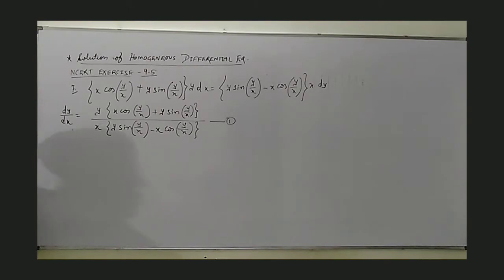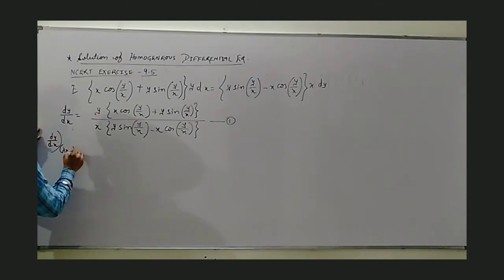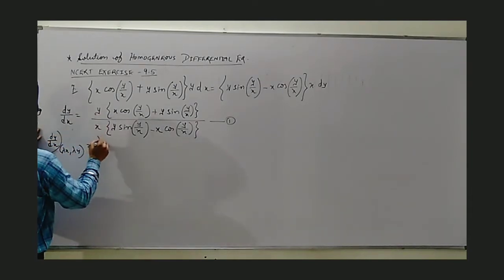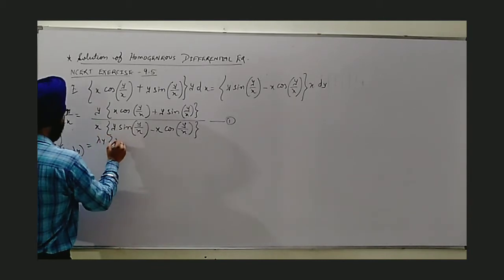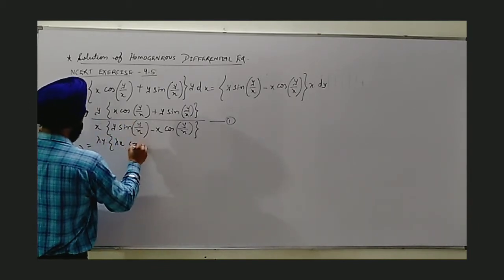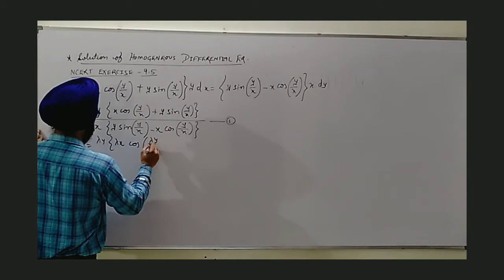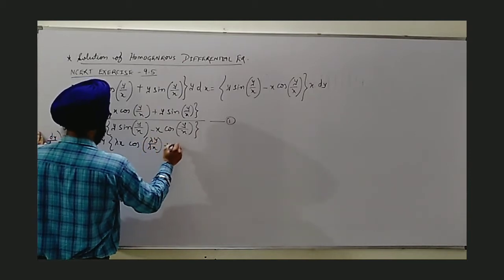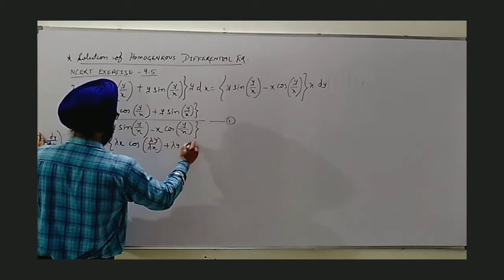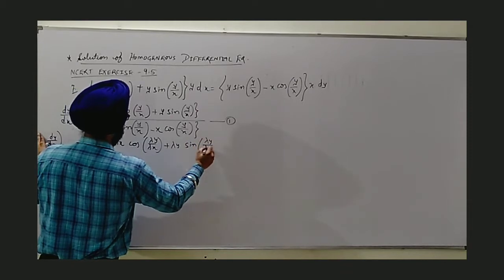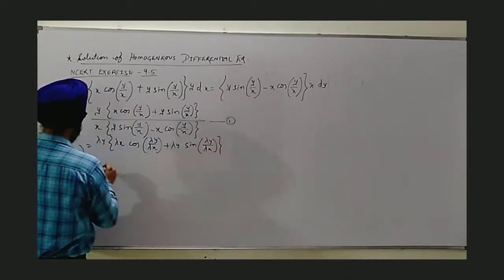Okay. Now let me show proof also that this is homogeneous. Let's find the value for lambda x, lambda y. I see it is lambda y. This one is lambda x. Here cos will be written as lambda y upon lambda x plus lambda y sin lambda y upon lambda x.